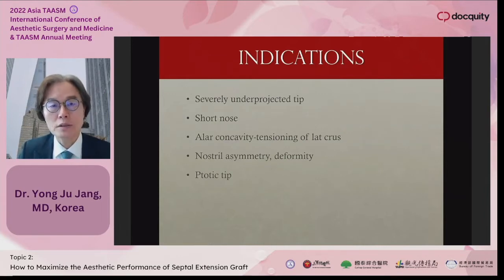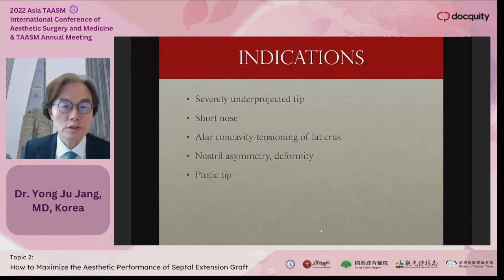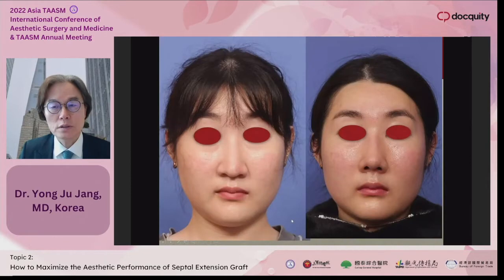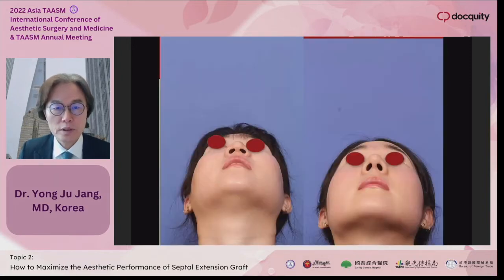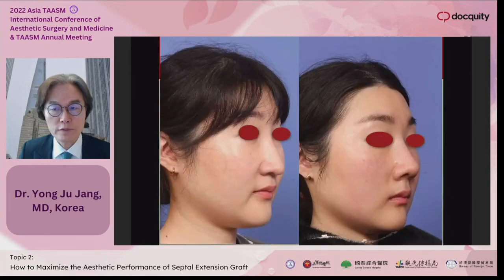So my indications for septal extension grafts are severely underprojected tip, a short nose, alar concavity, nostril asymmetry, and tip ptosis. Let me explain the effect of the septal extension graft. This patient has tip ptosis and an underprojected nasal tip, so I raised her nasal tip. Tip projection was achieved.